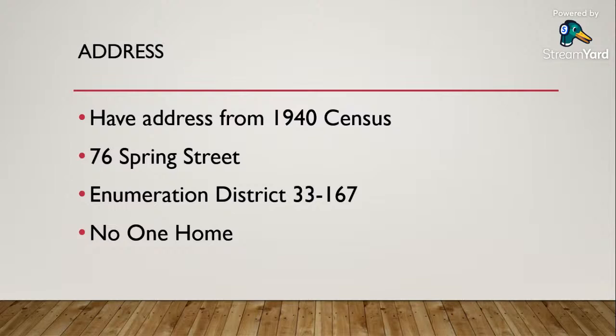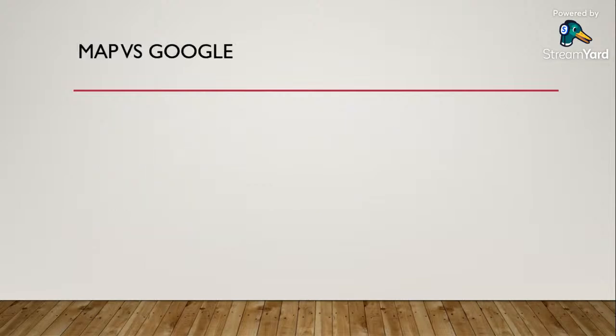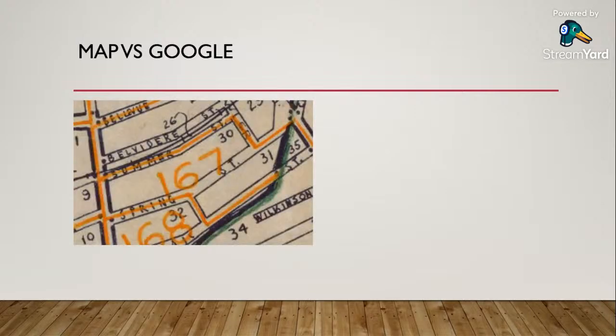So I wanted to go back and double check to make sure I had the ED right. I went to the stevemorris.org website, and there's a way to look at a map. And there is the enumeration district. There's Spring Street, and there's Summer Street right there.